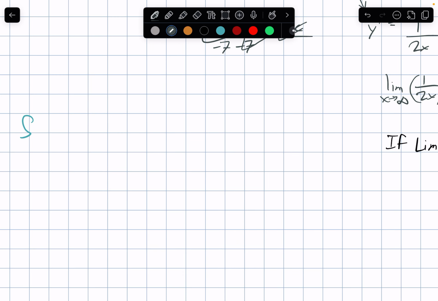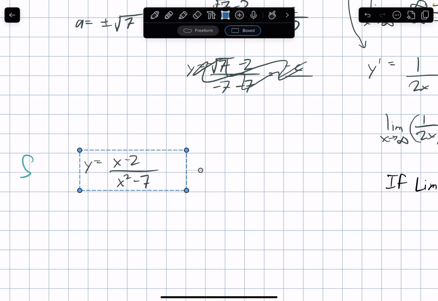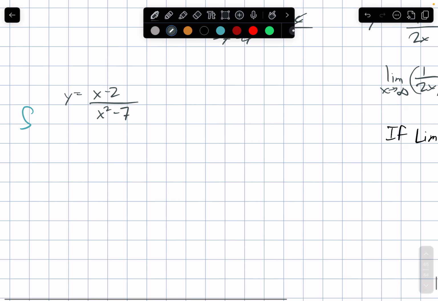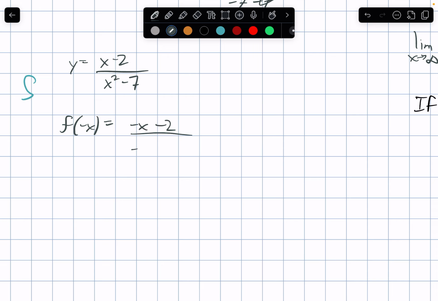So in our example, let's copy the function again. Let's assume that we'll have negative x instead. So negative x, negative 2, over negative x raised to 2 minus 7, which is negative x, negative 2, over x squared minus 7.